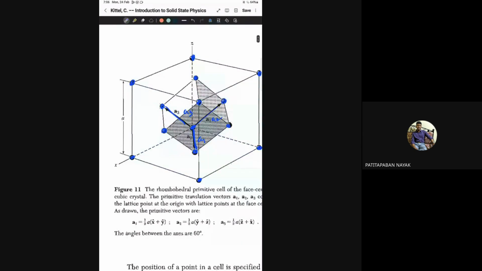A1 will be equal to a over 2 times (x cap plus y cap). A2 will be equal to a over 2 times (y cap plus z cap). A3 will be equal to a over 2 times (z cap plus x cap). And the angle between the axes, these ones, will be 60 degrees. Okay?